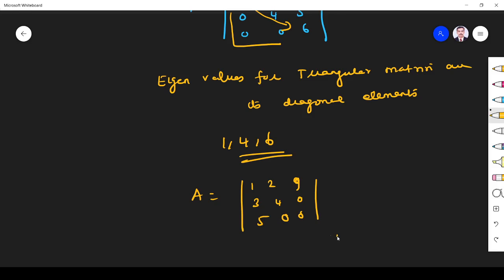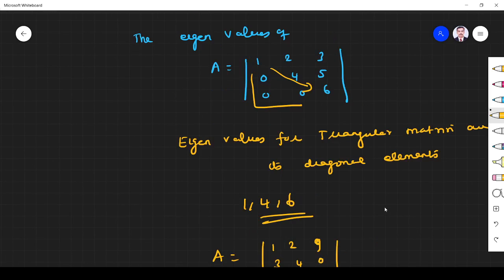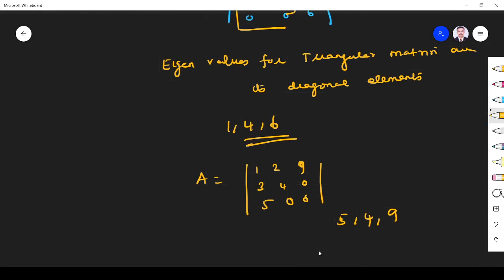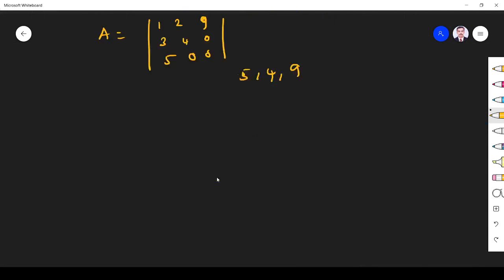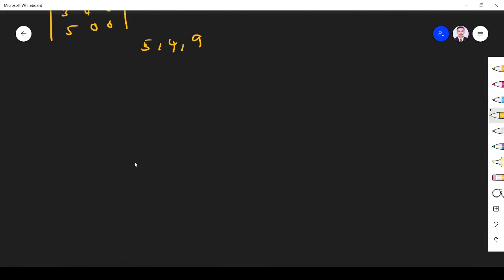So what are the eigenvalues? Eigenvalues are 5, 4, 9. Whether it is lower triangular or upper triangular, in this way we can find the eigenvalues. Okay, that is the shortcut method.